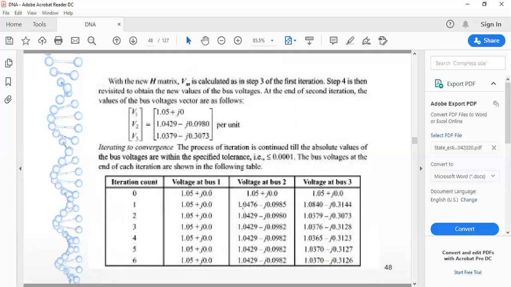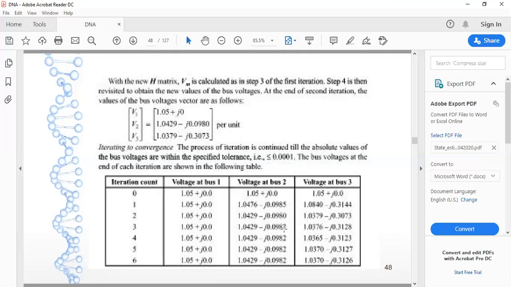Now it is 1.0476 minus j0.0985. After the second iteration, it is 980. So the difference is 0.005 in imaginary terms, while over here it is almost 0.0047. That will be the difference.